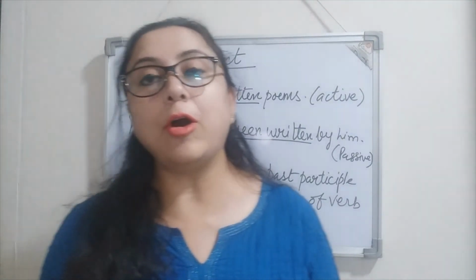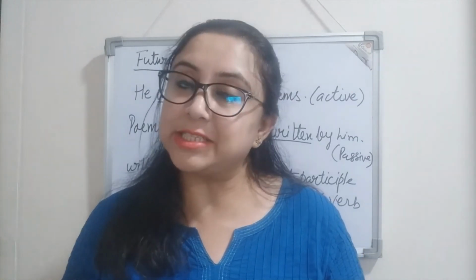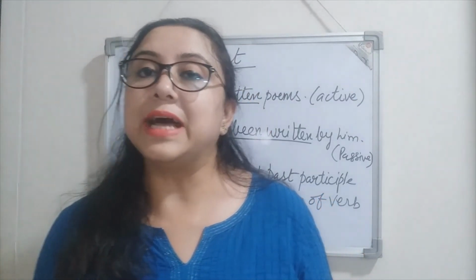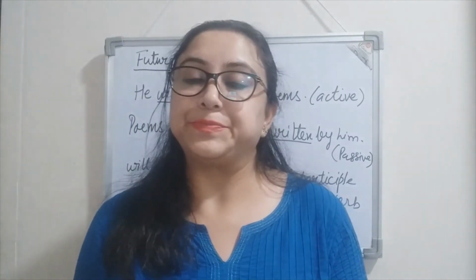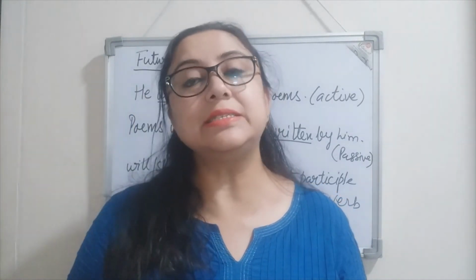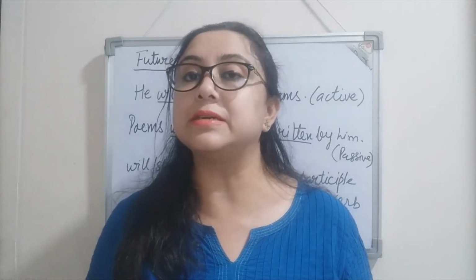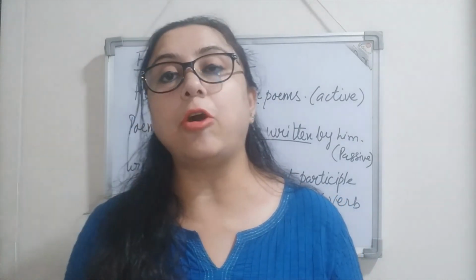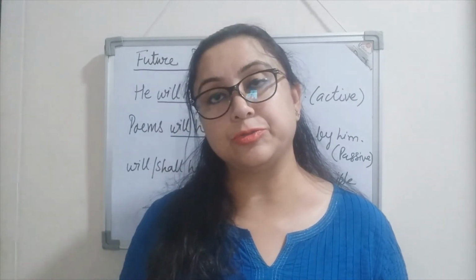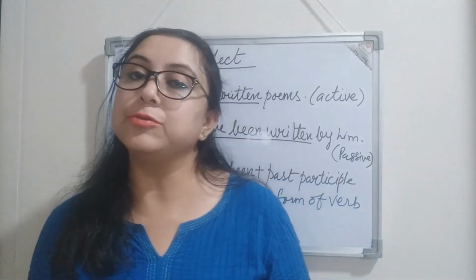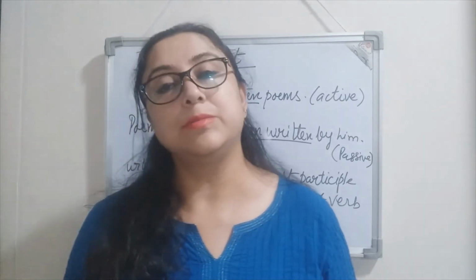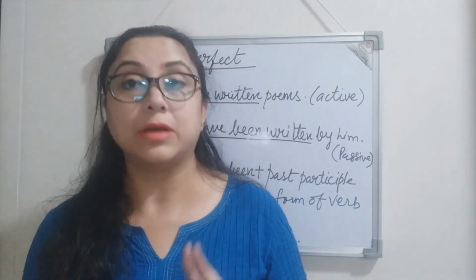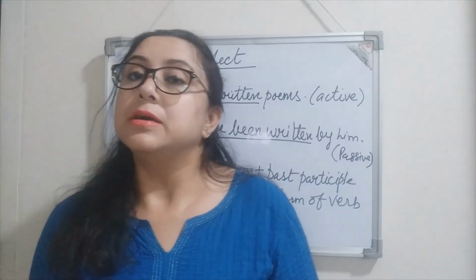Children, in all the different tense forms in passive voice, we saw that the verb takes its third form, right? The third form of verb, that is the past participle form of verb, is used. So I hope all of you are very clear with it. But before ending the session, let me remind you one more thing, very important thing.